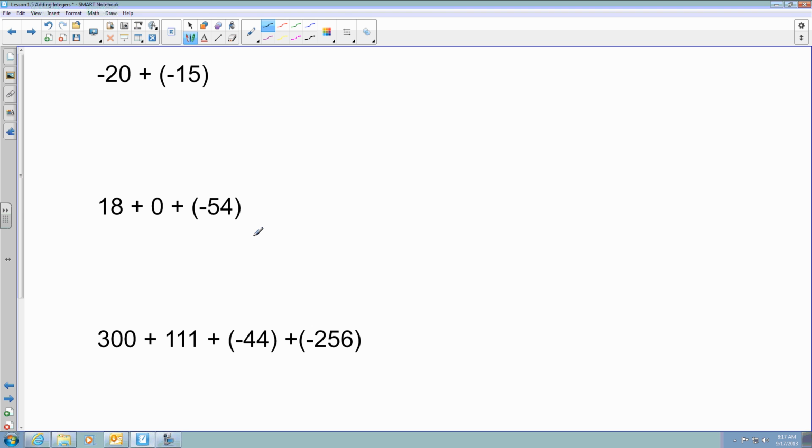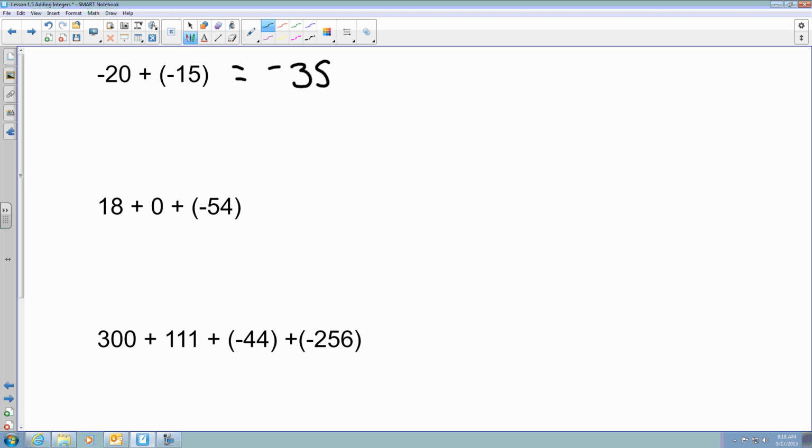Looking at some examples, I have negative 20 plus a negative 15. So I go back to my rules and say, all right, both of them are negative numbers. I'm going to add them together, which gives me 35, and both of them are negative, so it's going to have a negative on the outside.